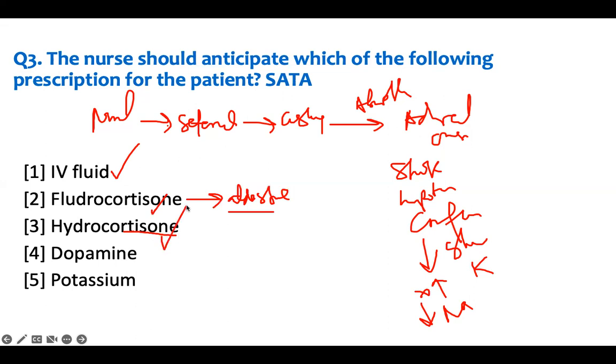Dopamine, well, it's a trap, right? You don't want to give them any pressors right away. What is their problem? The reason why they are in this form is what? Just give them what they need. All they need is their steroid. You don't give them pressors right away.